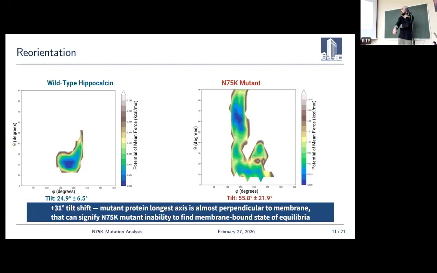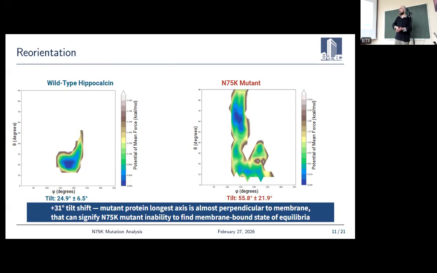And about orientation, the potential of mean force maps for the wild type and N75K forms show, first of all, that the normal form has some equilibrated state, which is hard to escape in the time of this simulation.